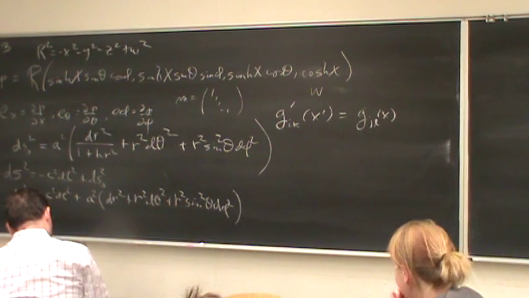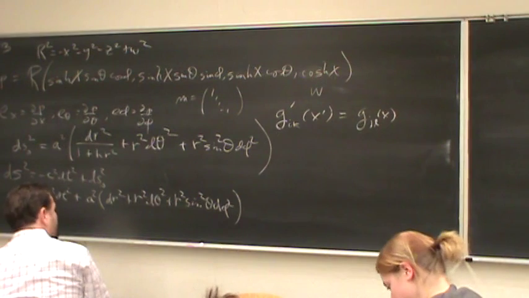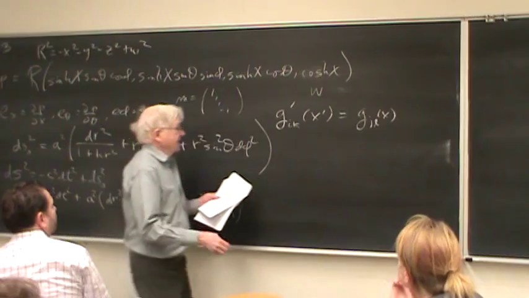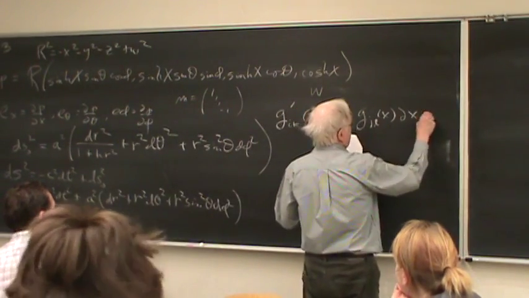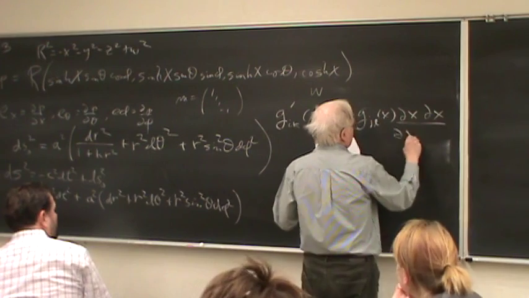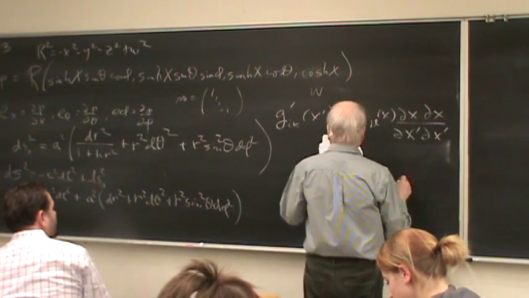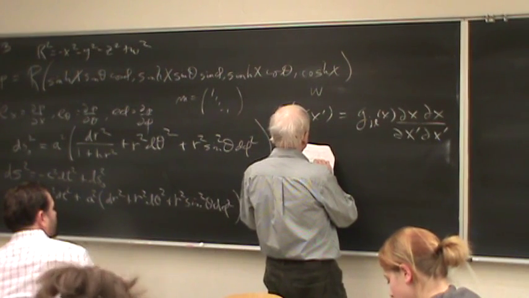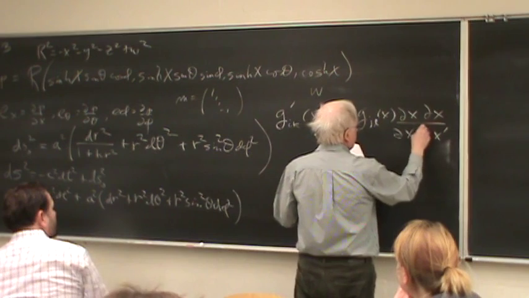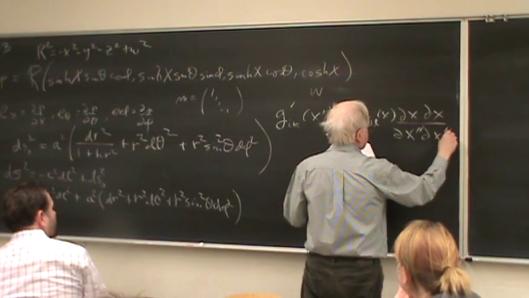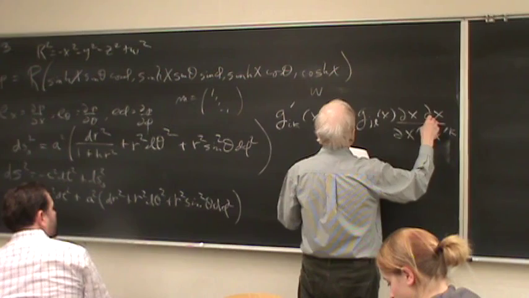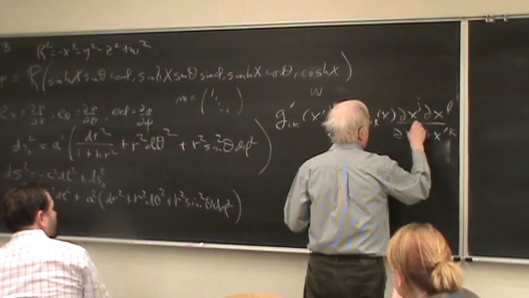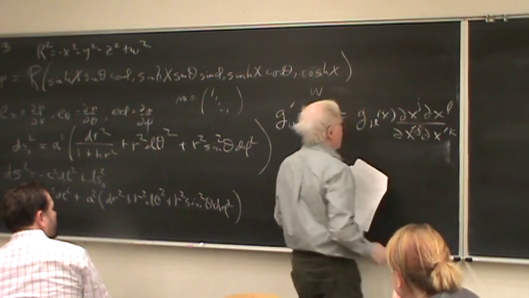Let me just flip back to earlier. So this is partial x, partial x, partial x prime, partial x prime. Now I need to get the indices right. This is i, and this is k, and this is j, and that's l. So there's a prime, and that's a j.